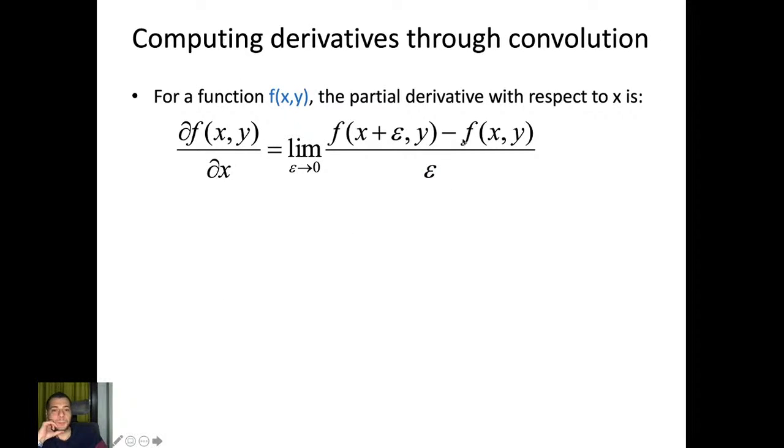So this is computing along the horizontal axis. So we add this small epsilon. Epsilon is supposed to go very close to 0 in order to obtain a very good approximation.